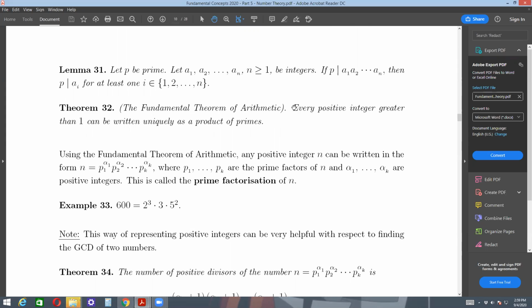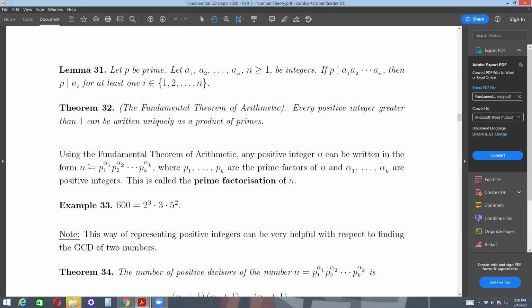Fundamental theorem of arithmetic: every positive integer greater than 1 can be written uniquely as a product of prime numbers. Right? You can have the prime numbers repeated if necessary. So using that, you can have what is called prime factorization, right? This is useful when you have things with factors and numbers.